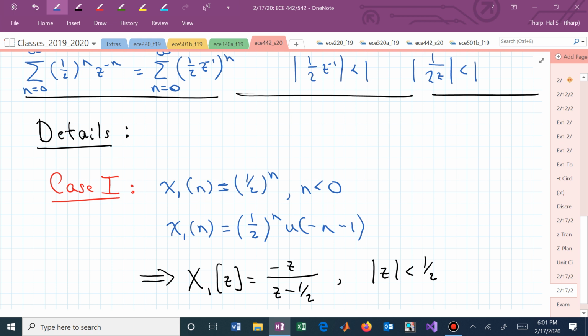Are we comfortable with either of those two ways of describing this sequence x sub 1 of n? This is now the unit step, and we're using it as a switch.